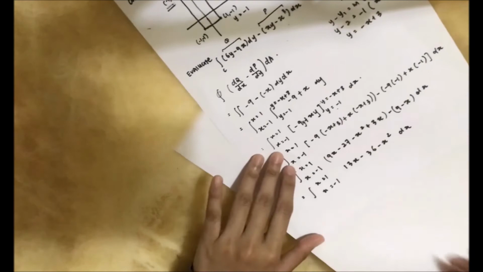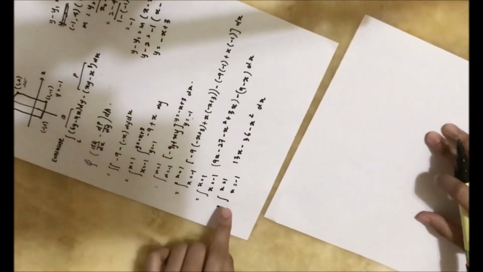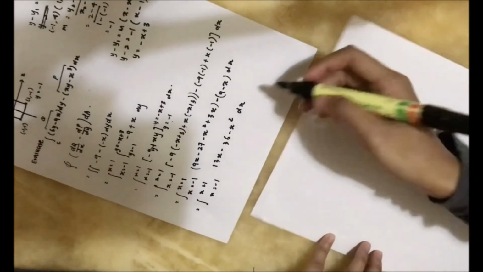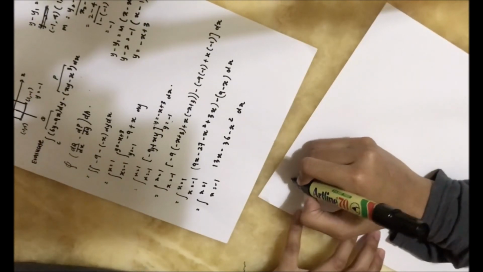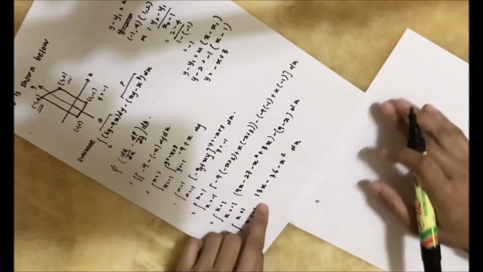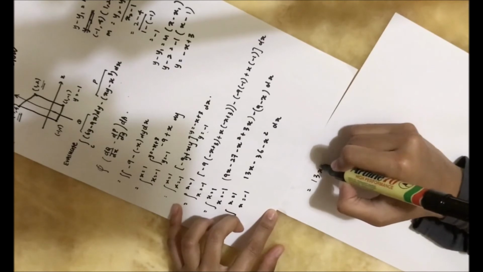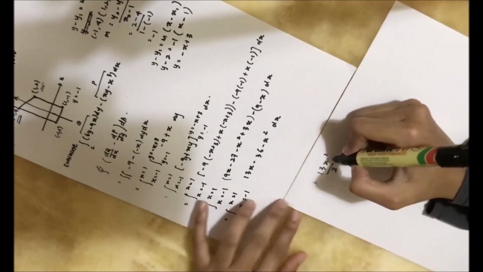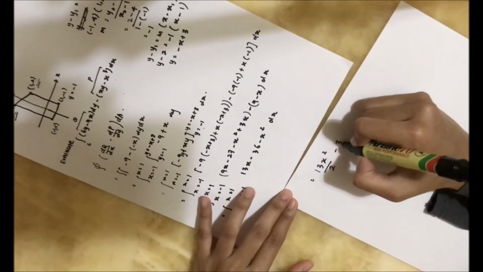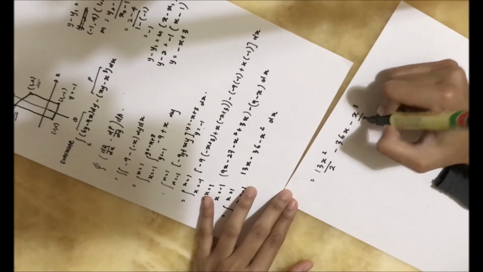Okay, this time we really need to integrate with respect to x. So integrate first: 13x squared over 2 minus 36x minus x cubed over 3.